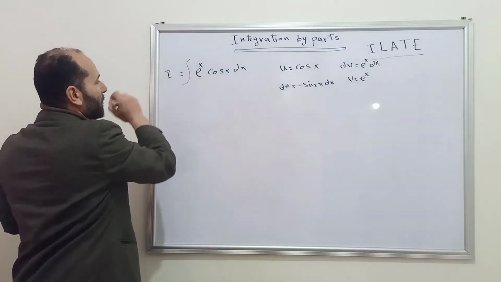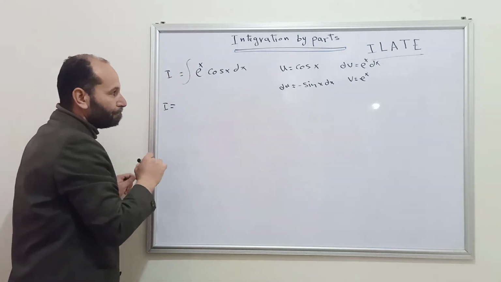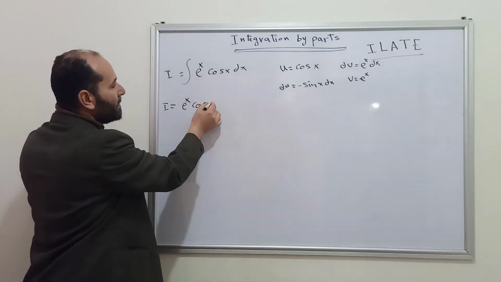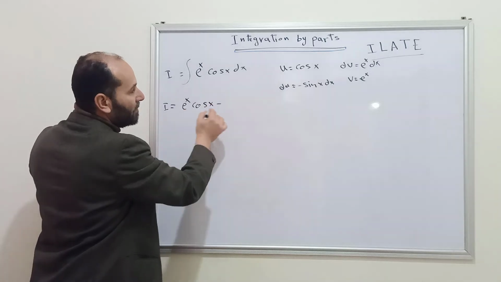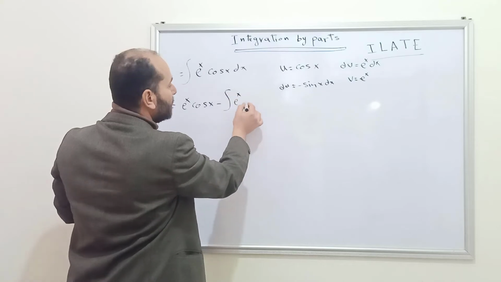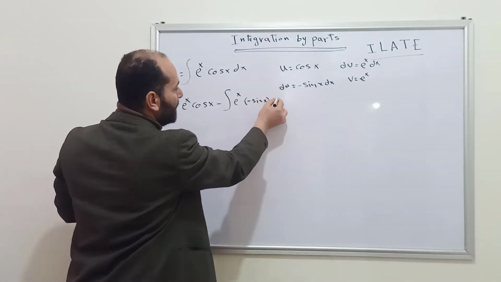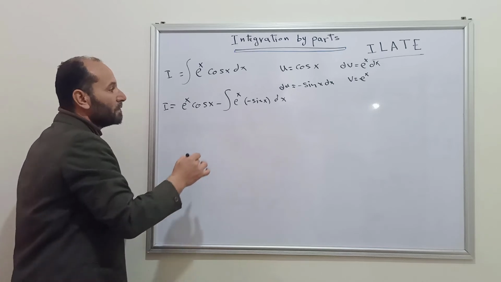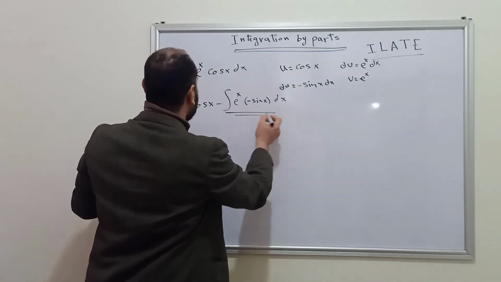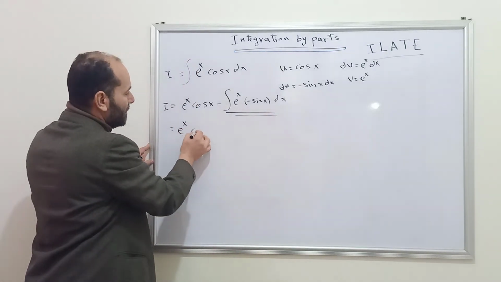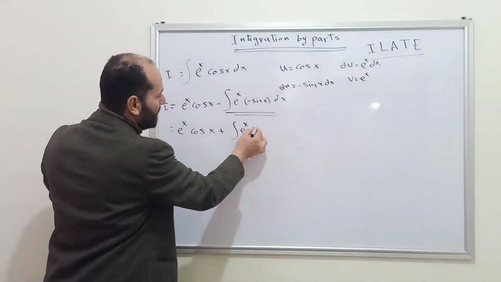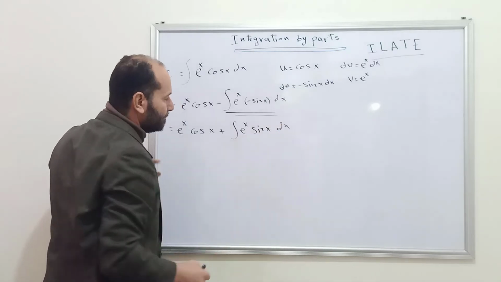So this integration I equals uv, e power x cosine x, minus integration e power x times negative sine x dx. We can apply the rule here. This equals e power x cosine x plus integration e power x sine x dx.